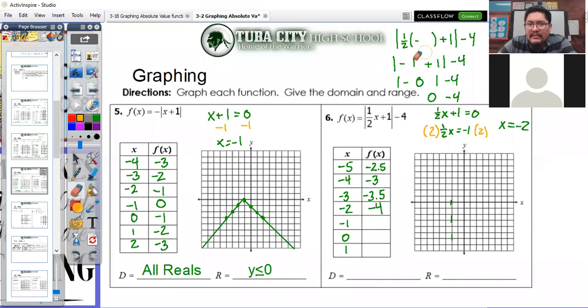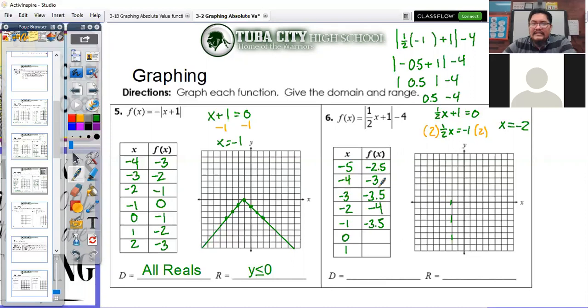Now -1, so I'm going to go ahead and take the same one and plug it into -1. And that would be -0.5. -0.5 plus 1, well, actually that would no longer be a negative number. It would be a positive number in here now, because 1 is bigger than negative 50 cents. So 0.5. 0.5 minus 4, which we kind of already knew, would be -3.5.